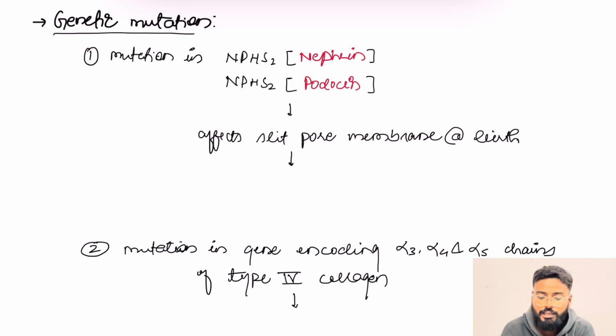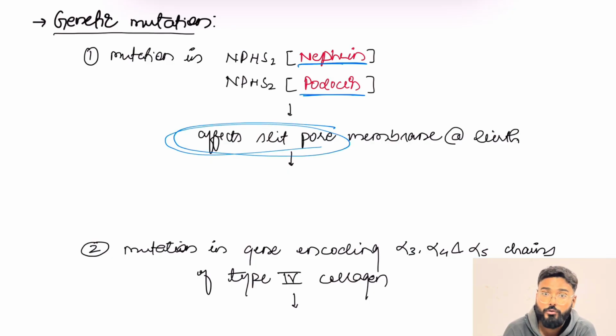So mutation in NPHS1 gene, that codes for nephrin, and NPHS2, which codes for podocin. When these are affected, the patient is generally affected from birth. When these genes are affected, they are going to affect your slit pores, the pores that were formed from the foot processes of podocytes.